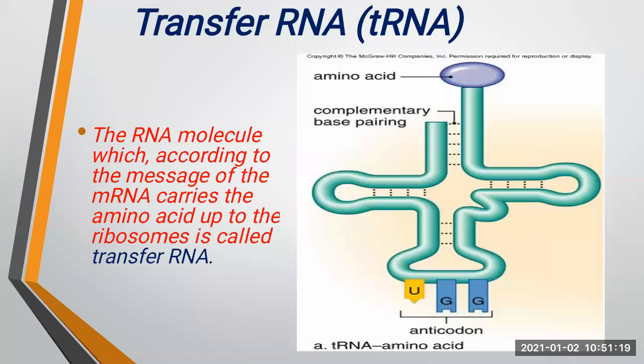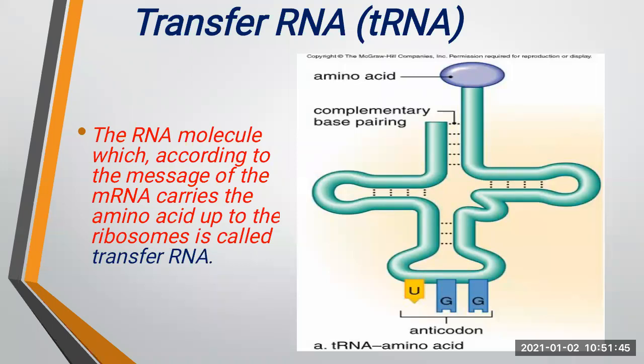I'll repeat so that you remember. What is RNA? RNA is ribose nucleic acid. Depending on the function, there are three types of RNAs: messenger RNA, transfer RNA, and ribosomal RNA. According to the function, messenger RNA copies the information from the DNA and gives it to the tRNA.